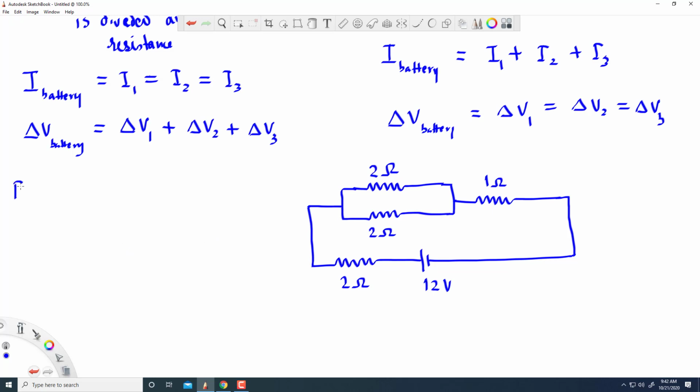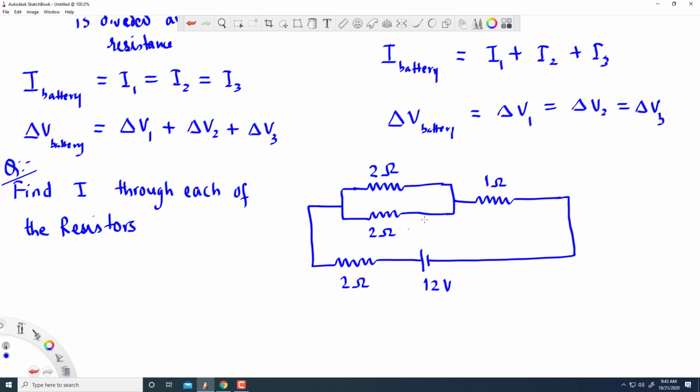So, find the current through each of the resistors. We want to find the current through this one, that one, and that one. Because it is a combination, the current won't be the same everywhere. They will have different amounts of current flowing through them.